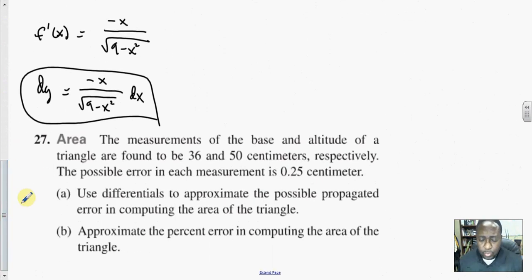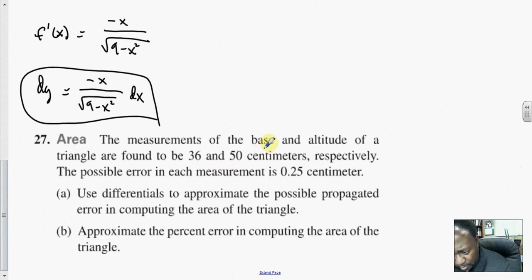Now we look at the so-called propagated error. The measurements of the base and altitude of a triangle are found to be 36 and 50 centimeters respectively. The possible error in each measurement is 0.25 centimeters.